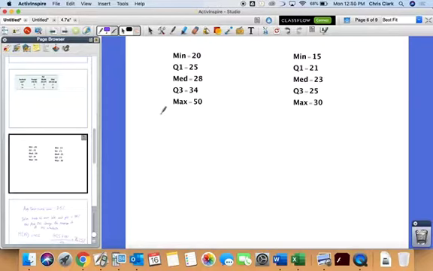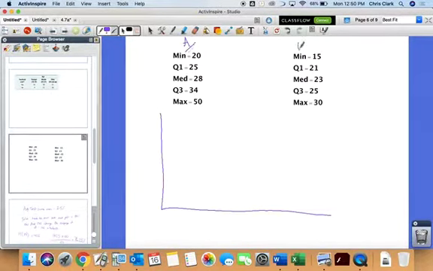So if I have a box plot, let's call this distribution A and distribution B. We're going to do A. So 5, 10, 15, 20, 25, 30, 35, 40, 45, 50. All right, so if I have my minimum value, this is my box plot for A.